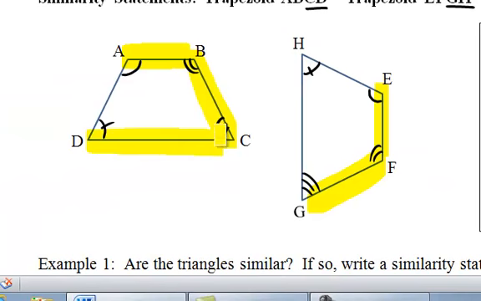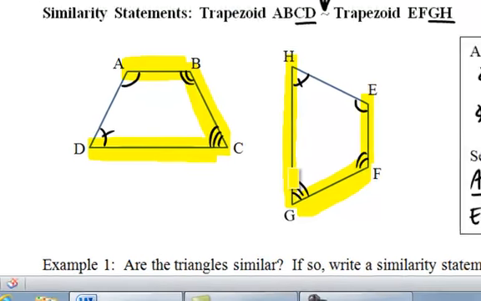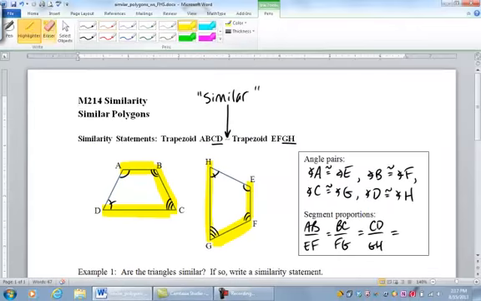We did CD and GH. So you can see what's left over. The only side that we haven't made a fraction out of yet would be these two, AD and EH. And those happen to be the first and last letters of each trapezoid, first and last. So my fourth and final fraction is going to be AD and EH.